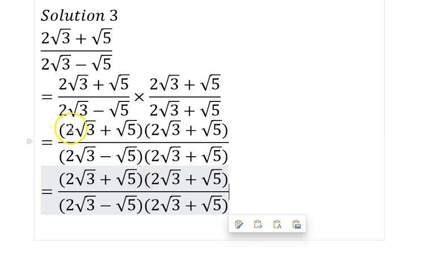Okay, let's go. 2 root 3 times 2 root 3. That is 2 times 2 will give you what? 4. Root 3 times root 3 will give you 3.